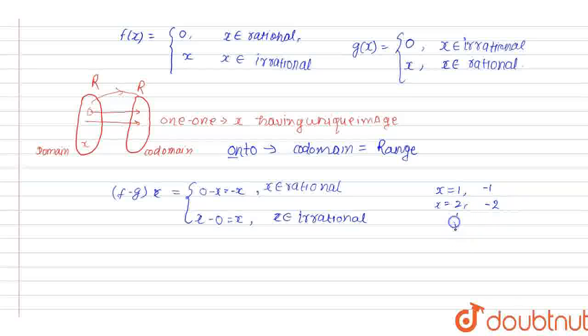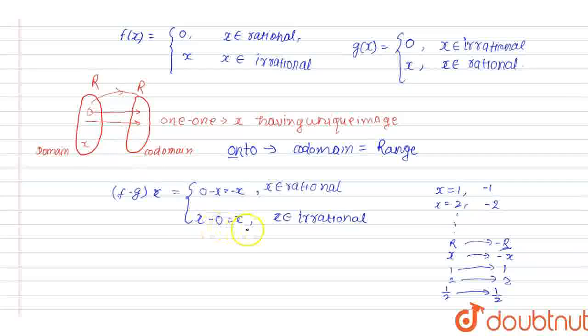So all real numbers put in the domain have a unique image, minus x for rationals and x for irrationals. All the elements of the domain have a unique image.